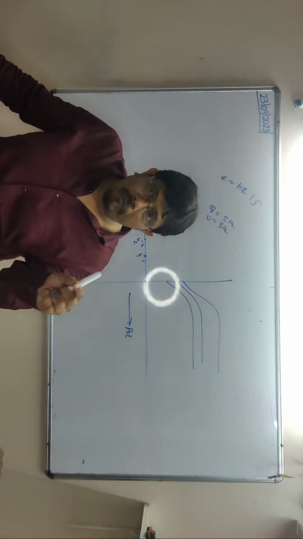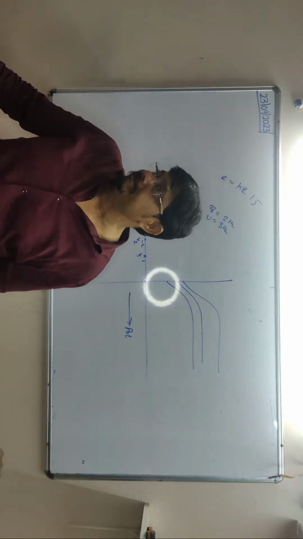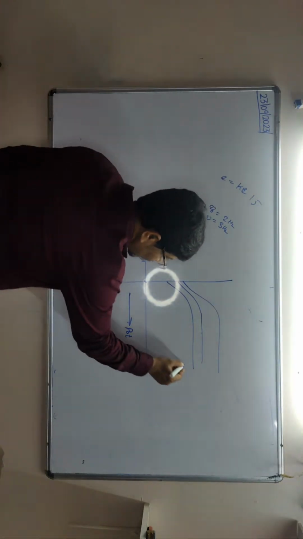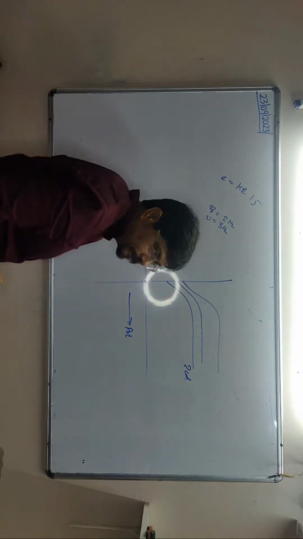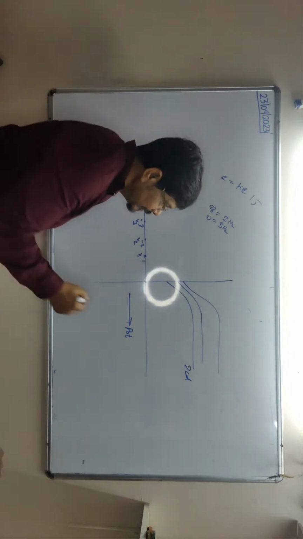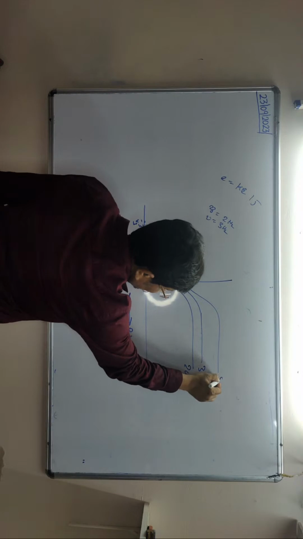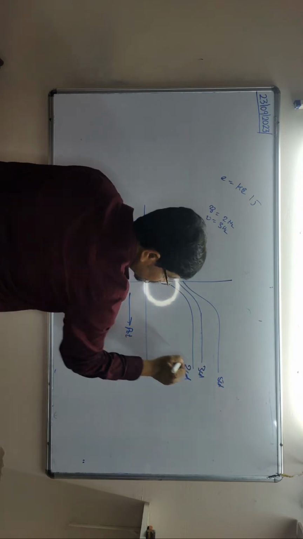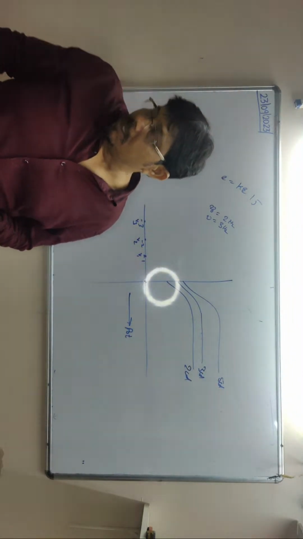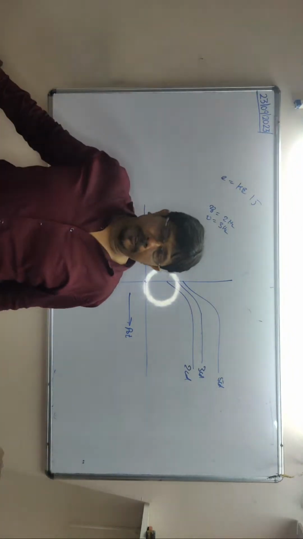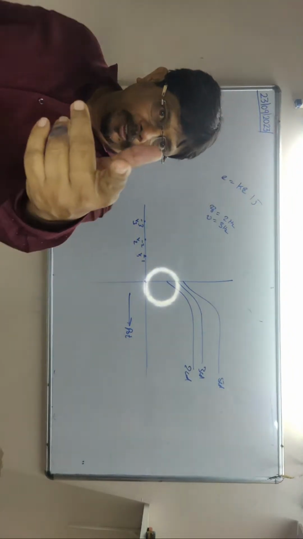I will make a fixed value of the intensity. Maybe 2 candela, then 3 candela, then 5 candela. Now it's very important, very interesting. We're getting it, right? See.